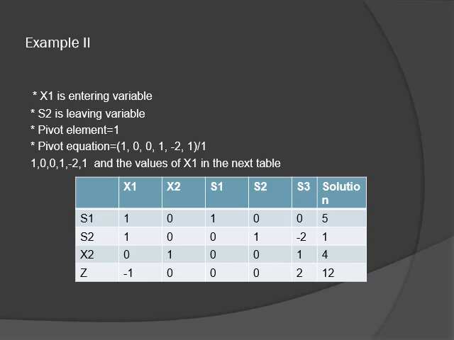We determined s2 as the leaving variable because 5 over 1 is 5, 1 over 1 is 1, the minimum result is 1, so s2 is leaving.